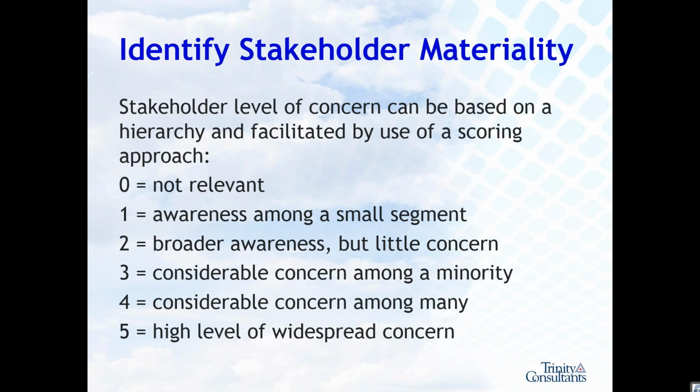So in order to identify the stakeholder materiality of various issues, you may want to consider implementing some sort of scoring system to really organize these issues according to their significance. Such a scoring system may include: how aware is this stakeholder of whatever issue, how high is their concern level with a particular issue.